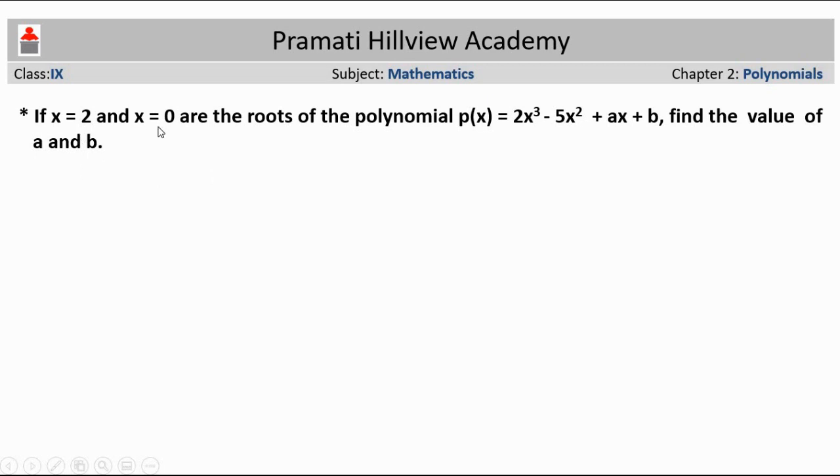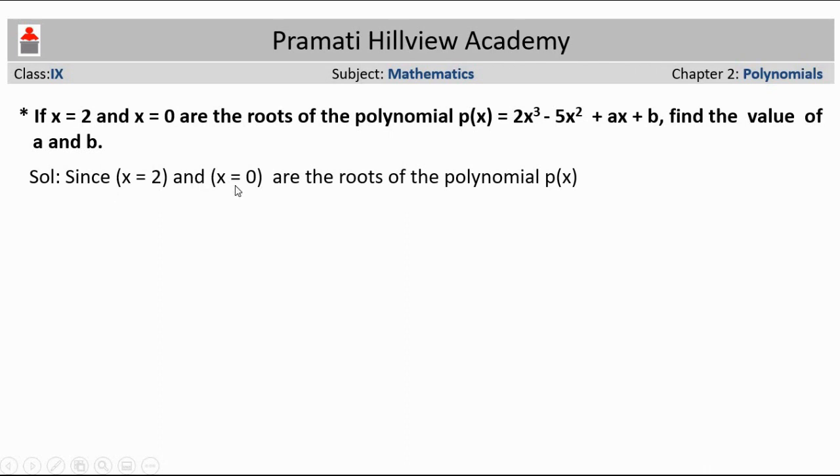Here, two roots or zeros are given for the polynomial p of x and we need to find the value of a and b. Since x is equal to 2 and x is equal to 0 are the roots of the polynomial p of x, p of 2 will be equal to 0 and p of 0 will be equal to 0.